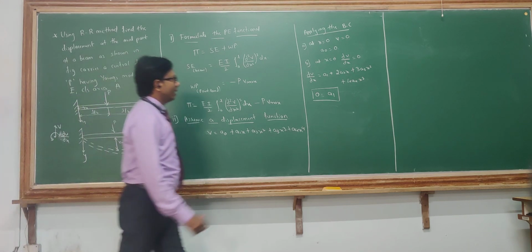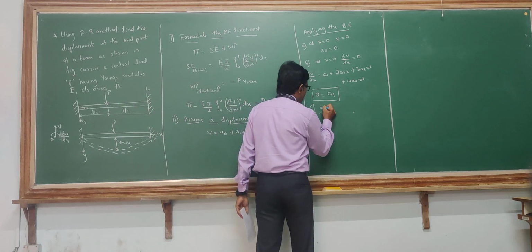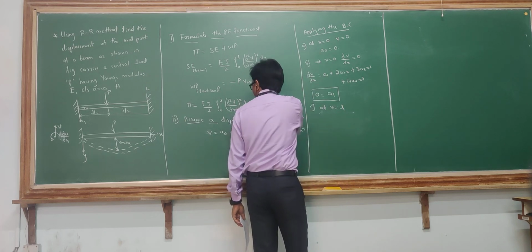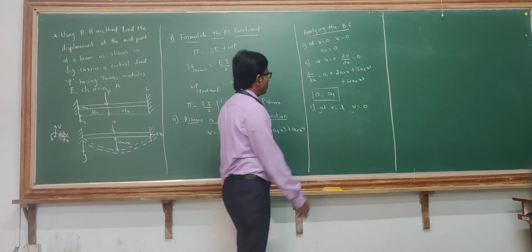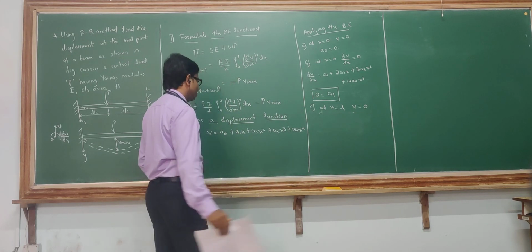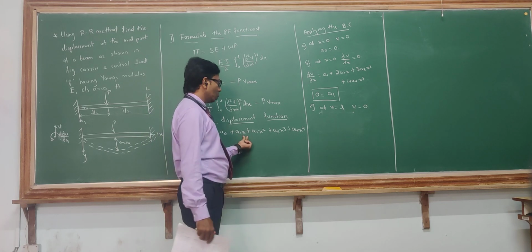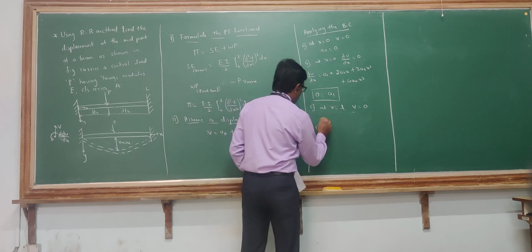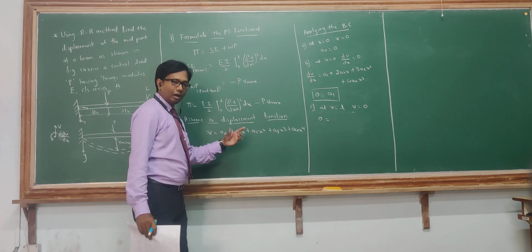So I will be writing the third boundary condition at x is equal to L. The same thing happens here because it has been fixed. V is equal to 0. At x is equal to L, V is equal to 0. So what I am doing here is applying at x is equal to L, V is equal to 0. So which means that 0 is equal to, as we have seen, a0 and a1 are already 0.